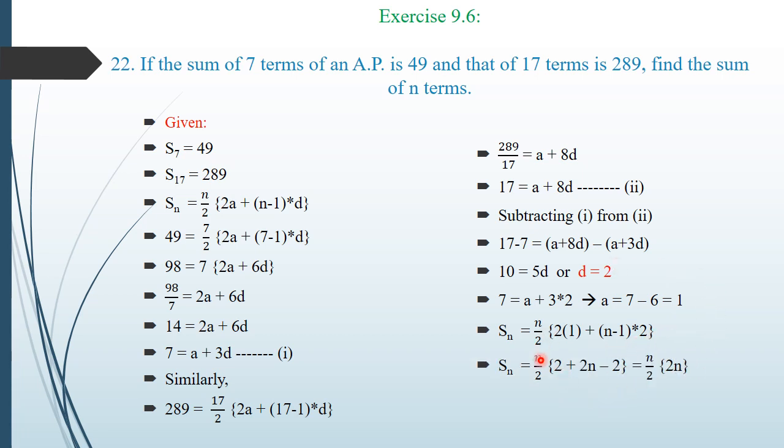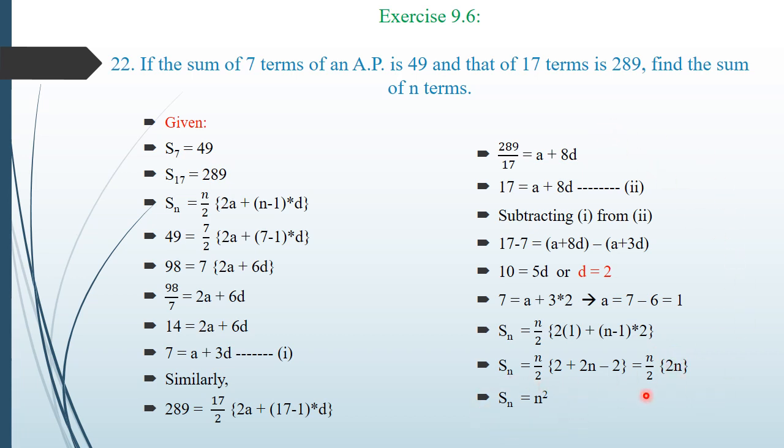When I simplify this, n by 2 as it is, 2 into 1 is 2, plus when I multiply this 2 inside this bracket, that will be 2n minus 2. So here again plus 2 minus 2 get cancelled, and I'll be having n by 2 as it is, and inside the bracket only 2n will be remaining. Further, we can cancel this 2 and this 2 here, and only n into n will be remaining. Therefore, Sn equal to n square.